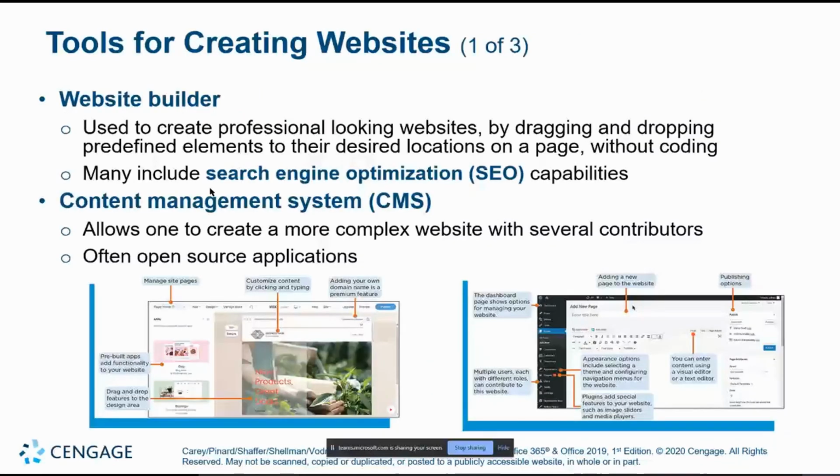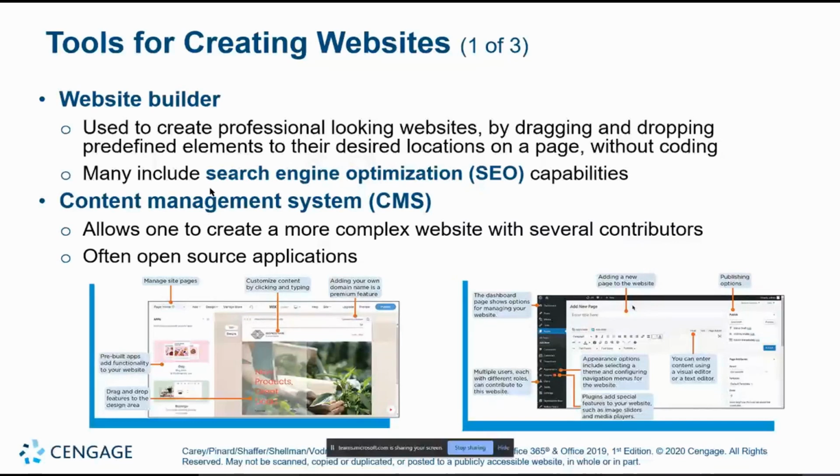Moving on to looking at some of the tools that we can use to build websites. We have website builders and CMSs, content management systems. These are easier tools to use, more collaborative in nature.